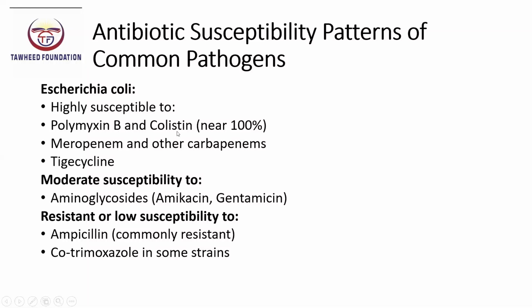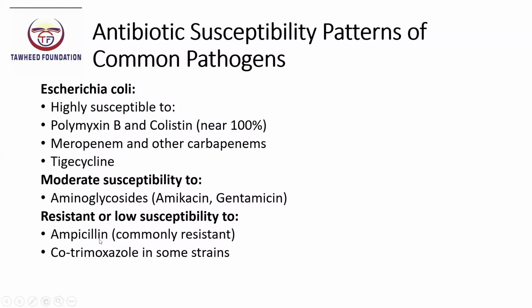Colistin and carbapenems, such as imipenem and meropenem, remain some of the most effective options, typically exhibiting high susceptibility rates. Tigecycline is also effective, especially in multi-drug resistant strains. However, reliance on these drugs should be cautious due to toxicity concerns and the need to preserve their efficacy.